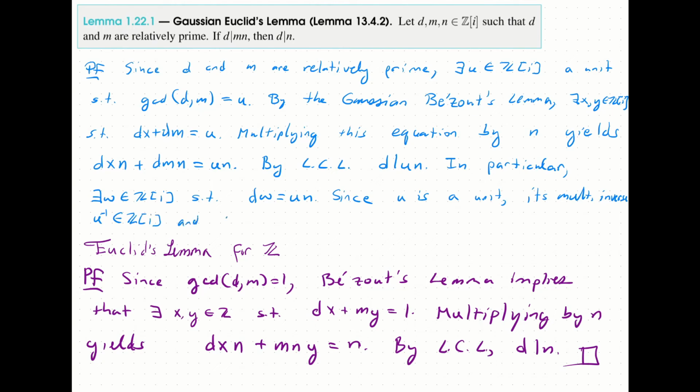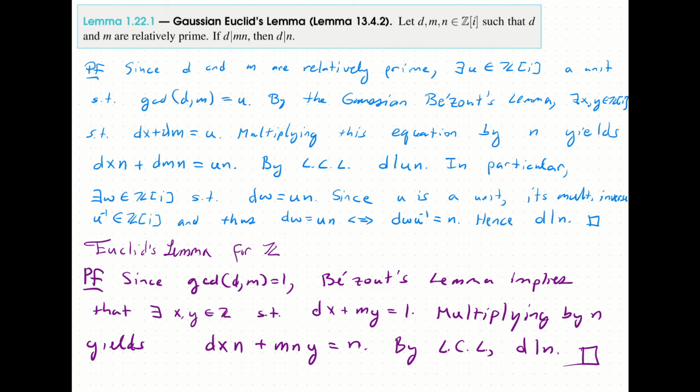And thus, we have that dw equals un is the same as dw u inverse equals n. Because on the right hand side we're going to have u times u inverse, which is 1, and so we have that the right hand side would just be equal to n, and thus d divides n. And so that concludes it.